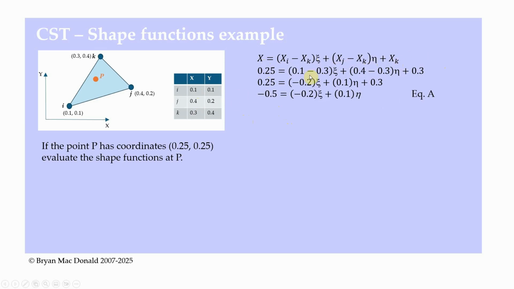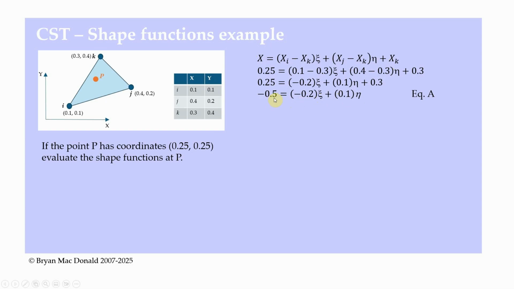So we can put all those in there. And now x, the point we're concerned with, is going to be the 0.25 for the point P. So we're putting in all the information that we know into this top line here. These lines then just work our way down through. In the end, we're left with this equation here, where we have an equation with eta and neta in it. So we haven't got enough information so far to determine the eta and neta.